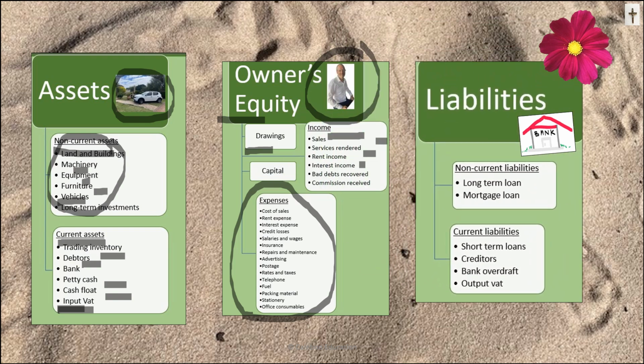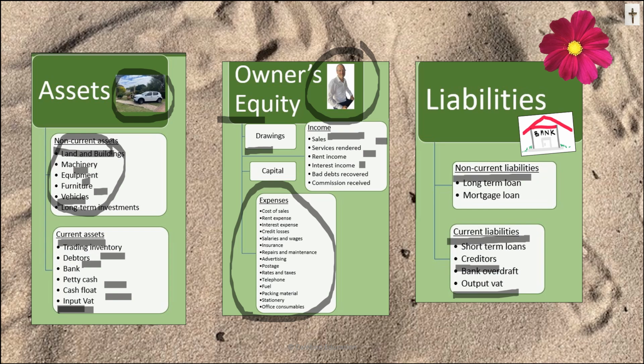And then examples of liabilities. We got the long-term liabilities, non-current, and short-term liabilities. Creditors, you might call it accounts payable, and output VAT, if you use VAT, if you're taxed VAT in your country, is a liability, a current liability.